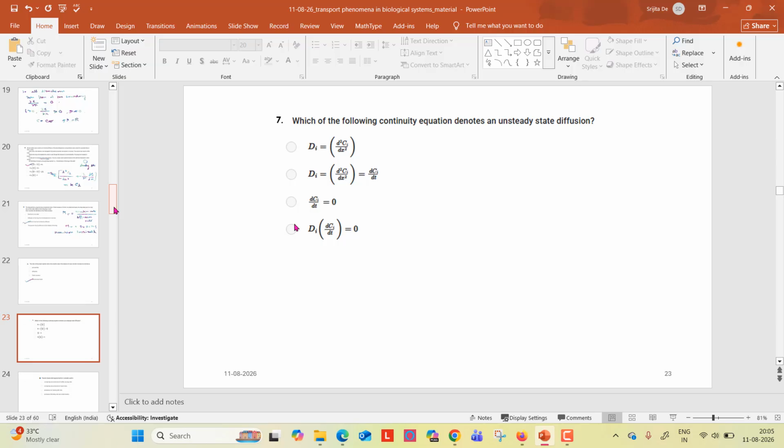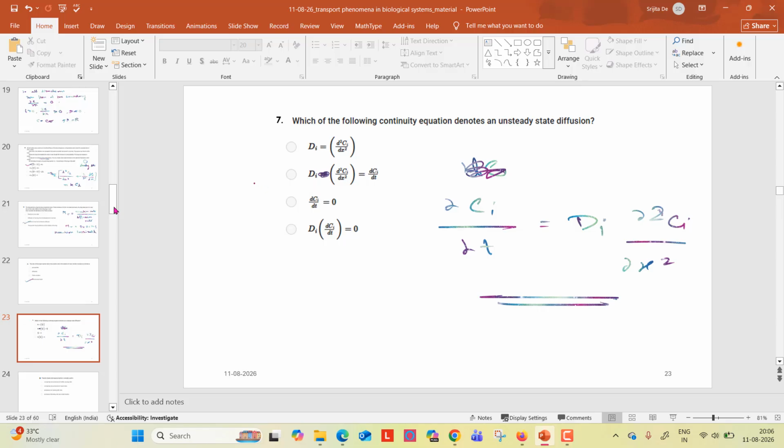So in unsteady state diffusion, it is simply del Ci del t equals Di del 2Ci del x2. This is the equation. So it is option B.